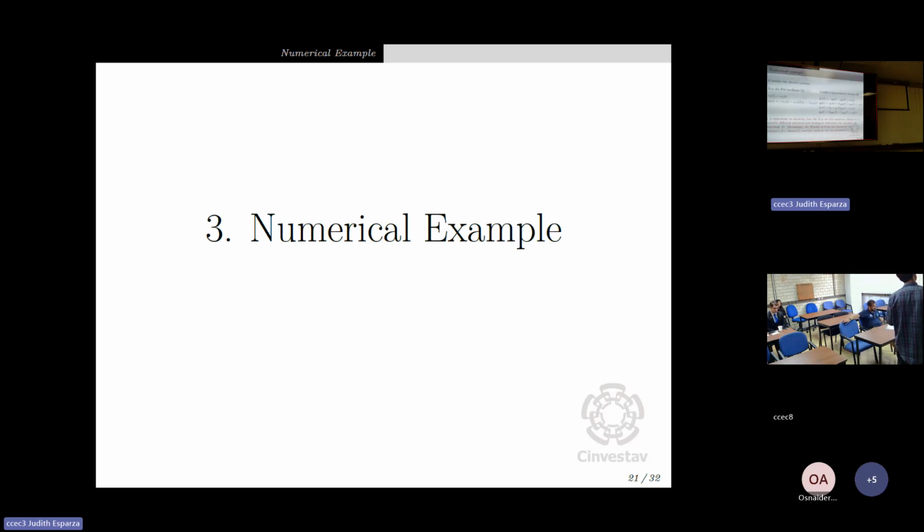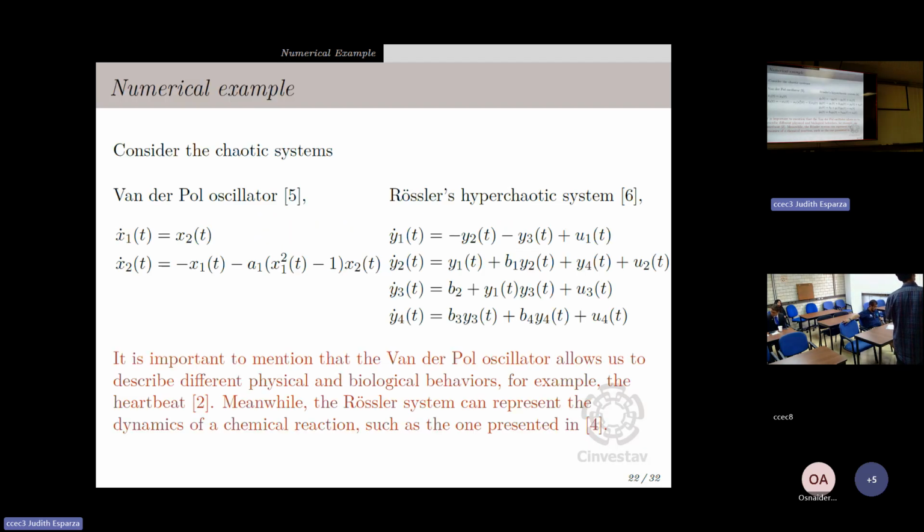Okay. Numerical results: simple chaotic systems, the Van der Pol and Rössler hyperchaotic systems. In the Van der Pol system, we have only 2 variables, and in the Rössler, we have 4. So these chaotic systems may have many applications. For instance, in the Van der Pol case, we can model the heart rate, and the hyperchaotic system is usually referred to chemical reactions.